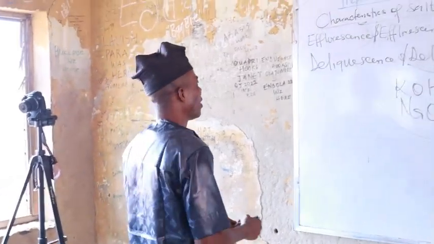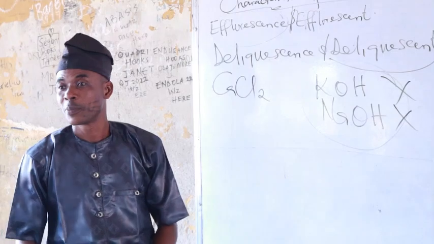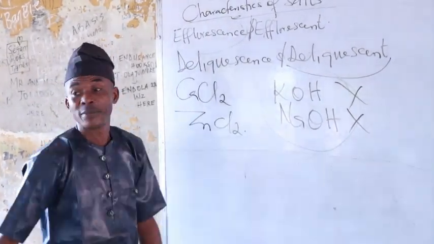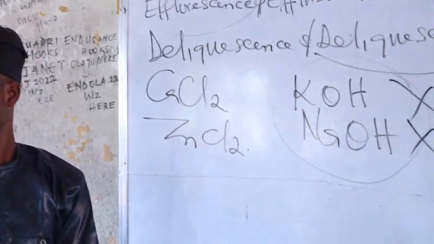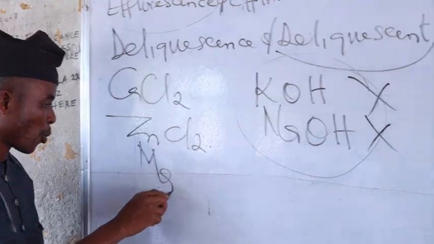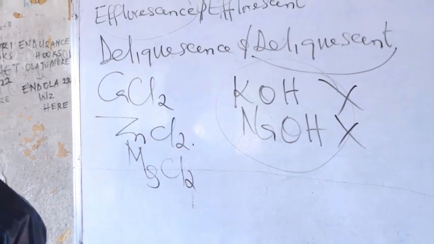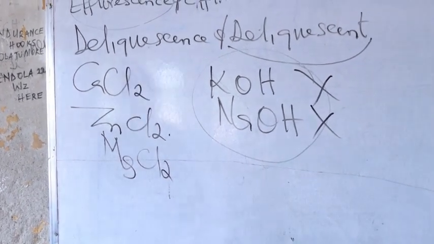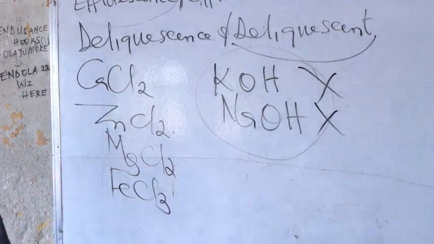So we have calcium chloride, we have zinc chloride, we have magnesium chloride. Most chloride salts are deliquescent, but the rate at which they absorb moisture differs. Iron(III) chloride is also an example of a deliquescent salt.